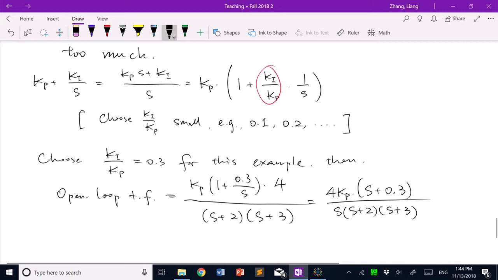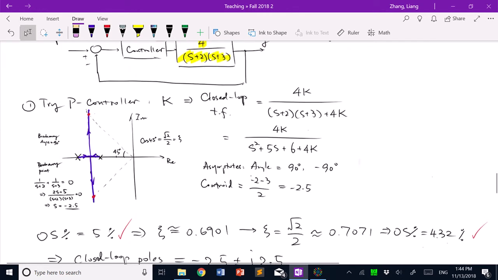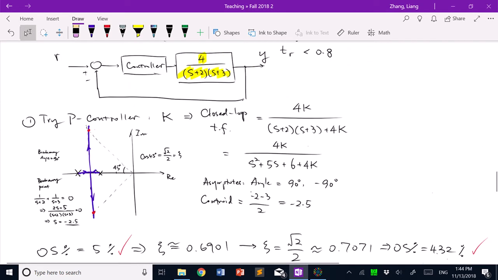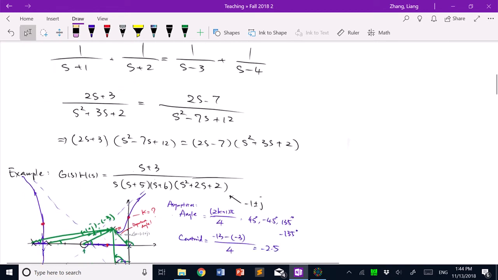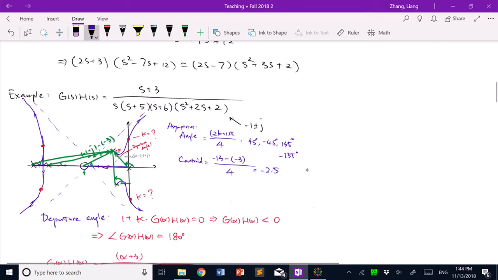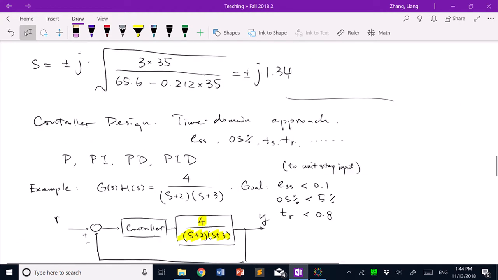In the typical root locus, you don't have a 4K in front. You usually have just K in front. In this example we have 4K, but it doesn't really matter.